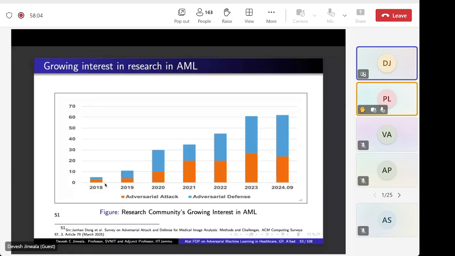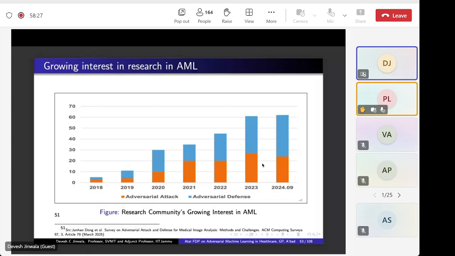So starting from 2018, the number of papers which talked about either adversarial attack or adversarial defense, that is growing. You may observe here that perhaps the ways to attack are now decreasing, because researchers also would be studying the adversarial capabilities.